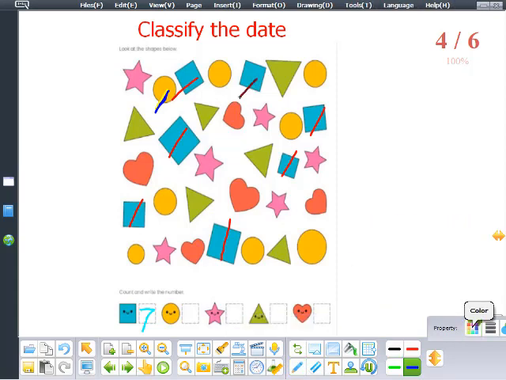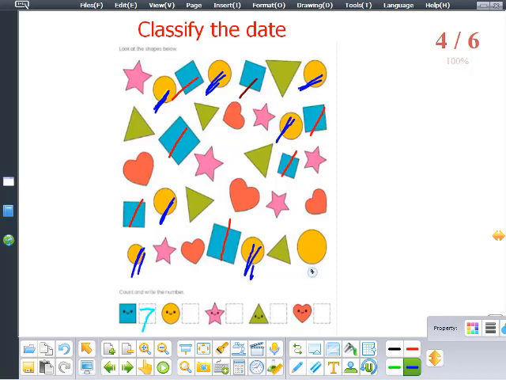It's already counted. Now count with blue. 1 circle. Here we have 1, 2, 3, 4, 5, 6, 7. How many circles do we have here? We have 7 circles. Well, count them again. 1, 2, 3, 4, 5, 6, 7.